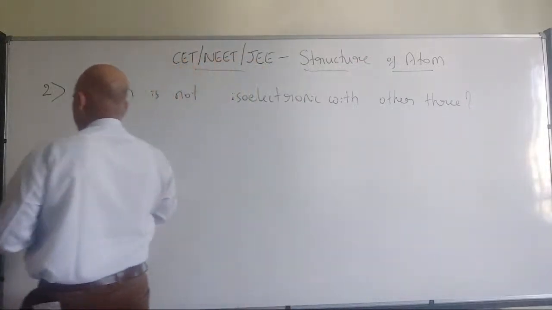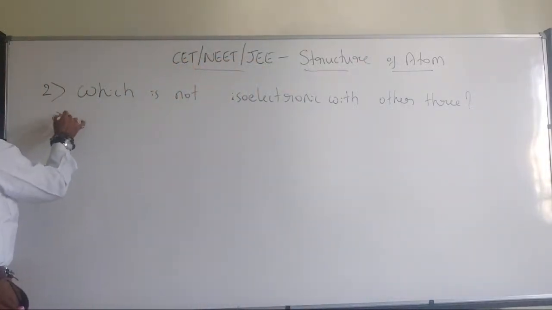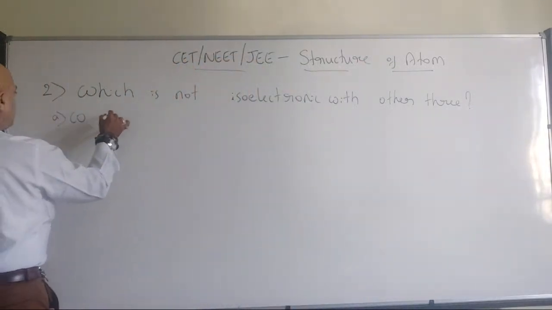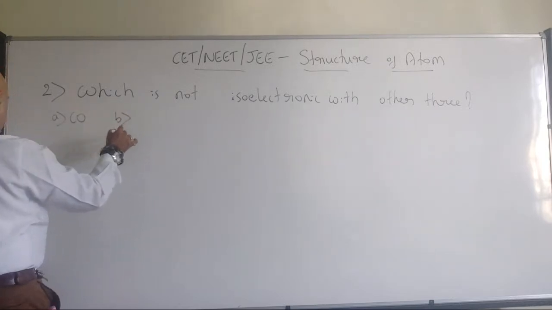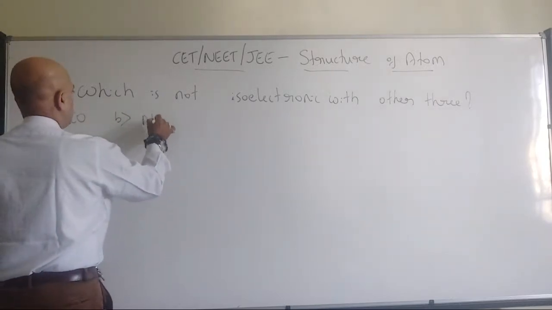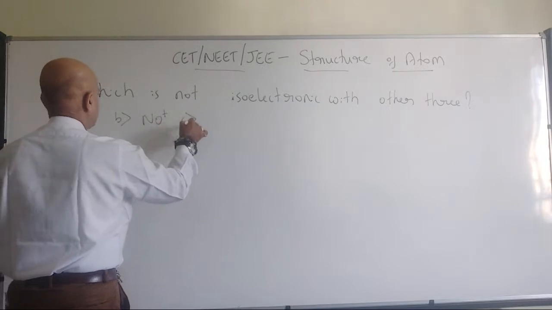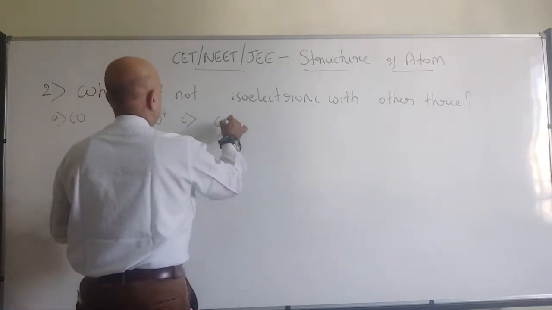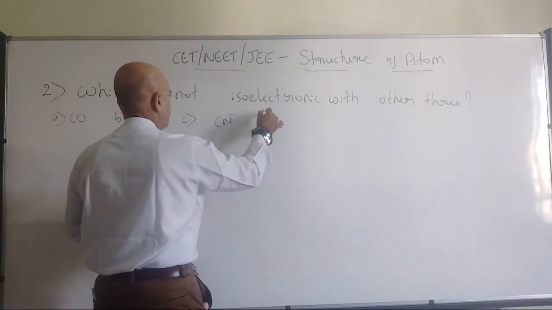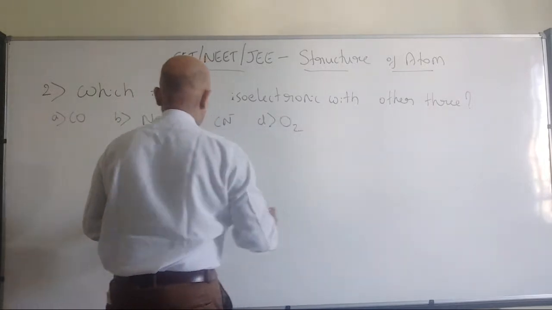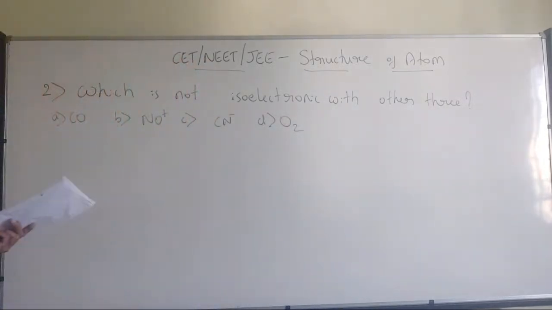Option A, carbon monoxide, option B, NO plus, option C, CN minus, and option D, oxygen. So among these options, you should select which is not isoelectronic.